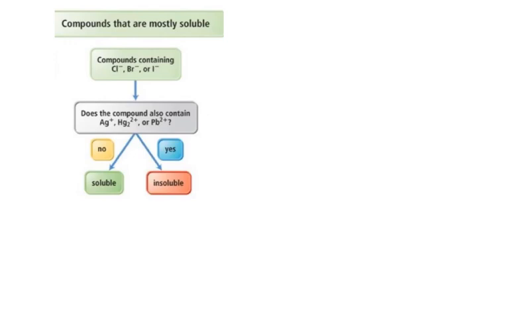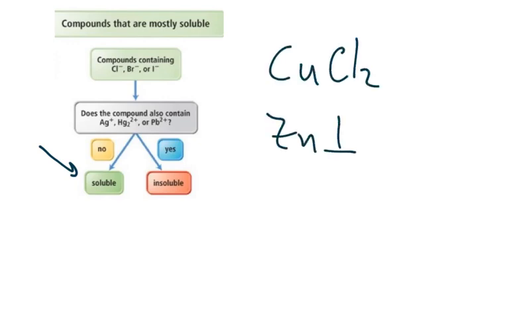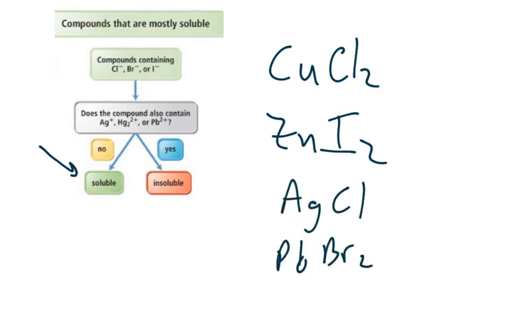If it doesn't, then it's going to be soluble. But if it does, they're not soluble with those three. So let's put a couple of examples here. Let's say I had copper chloride, zinc iodide, silver chloride, lead bromide.